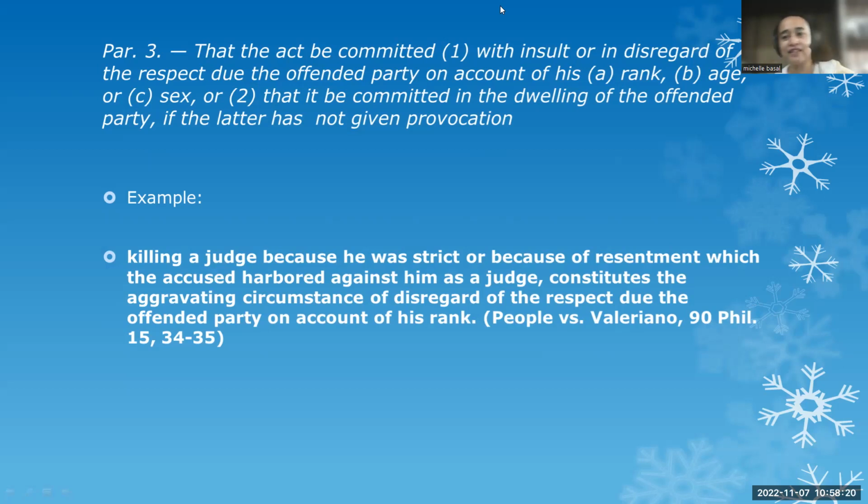But if it is the teacher who slaps the student, there is no aggravating circumstance on account of rank, age, or sex, because naturally a teacher would be higher in rank or age. But if it's the other way, if it is the student who actually slaps the teacher, then there's an aggravating circumstance under paragraph 3 of Article 14 of the Revised Penal Code.